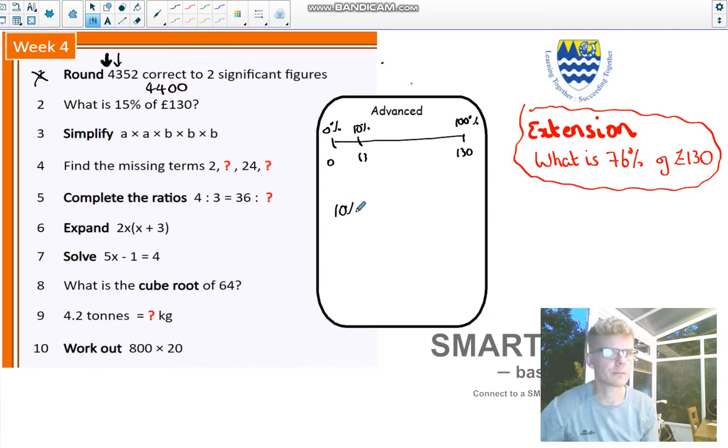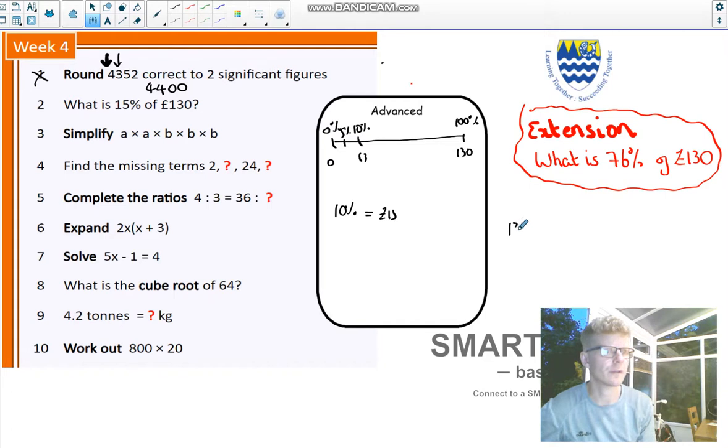We'll make a note. But I need 15, so I need another 5%. So 5% would slot in here. Now I can use my new mini number line, if you like, between 0 and 10%. So between 0 and 10, 5% would be halfway. So now I need halfway between 0 and 13. Halfway is just to divide by 2.